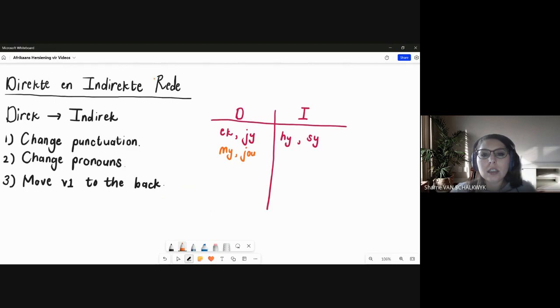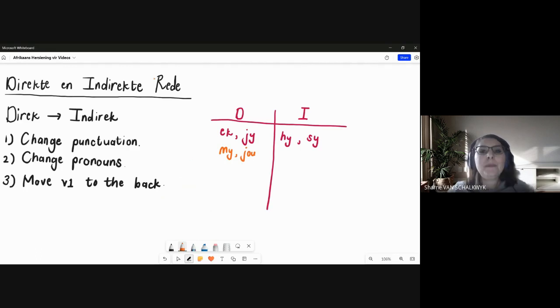This one is quite easy because my is me and ek is I. But jou is, either when the word right before it is deur. So this is an active and passive voice. Jy skop die bal, word deur jou geskop. So then the jy changes to jou. So jou will be after deur, never jy. It will be deur jou, never ever deur jy.